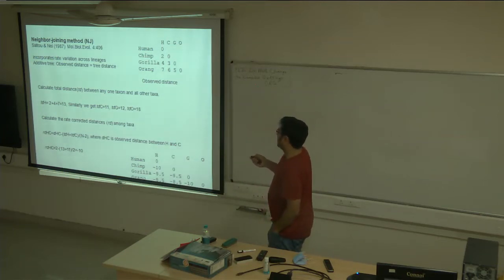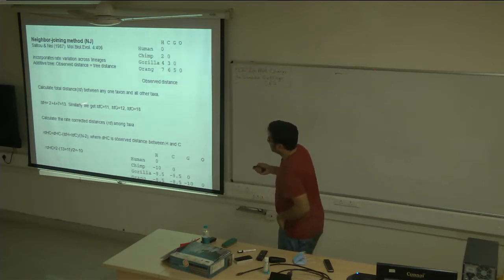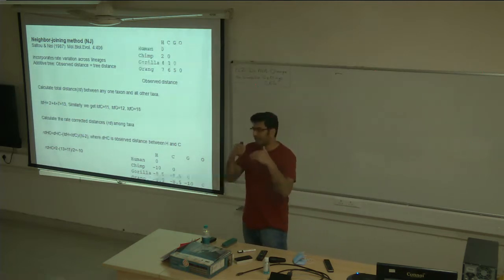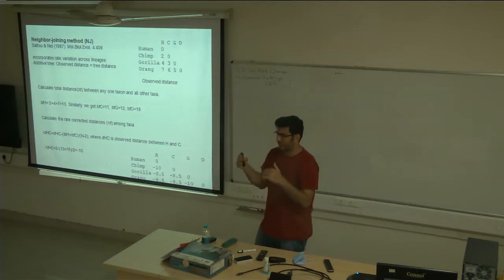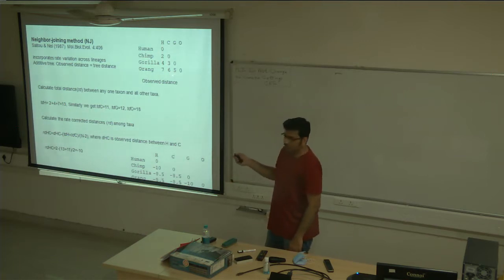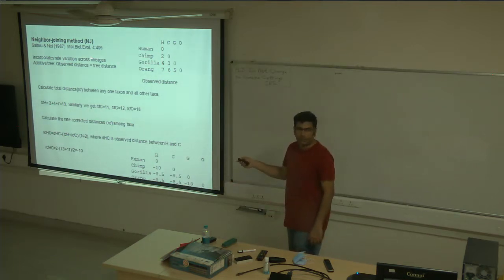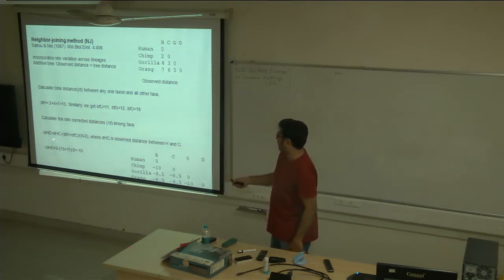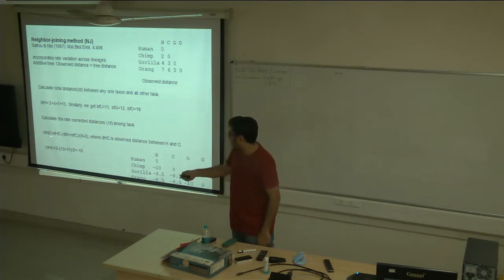After you have calculated the total distance, it calculates the rate corrected distance between all the taxa pairs. This is the formula. It uses the total distance as well as the observed distance to calculate the rate corrected distance. I'll go over one example here.